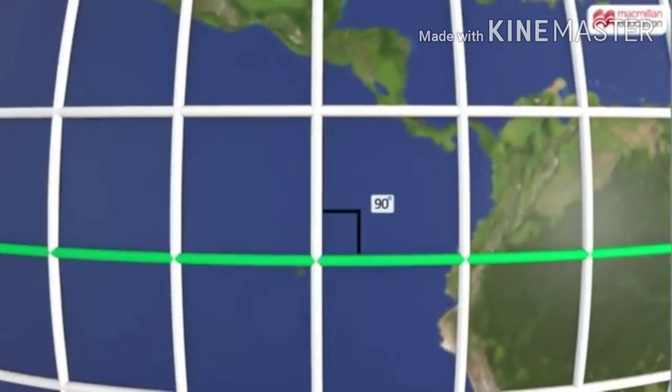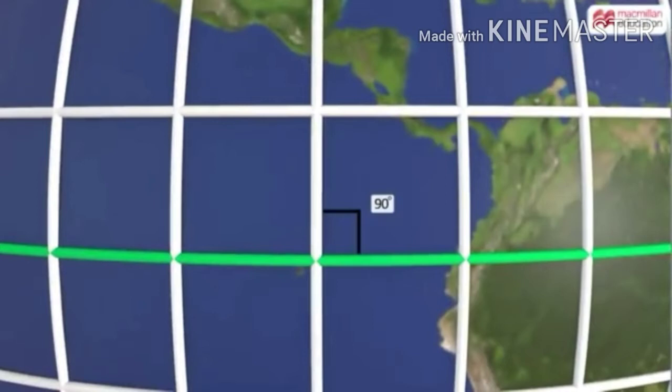The part of the earth above the equator is called the northern hemisphere. The part below it is called the southern hemisphere.